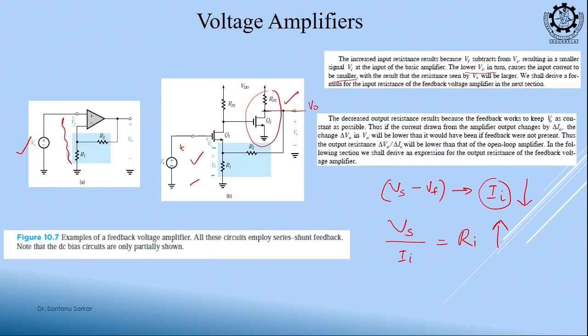Because of that my input current is reduced, but my overall resistance that the source is looking at, that is Vs by Ii, Vs remains unchanged, but Ii is reduced. So, my Ri is increased. So, negative feedback helps in increasing the input impedance. Okay. Similarly, see the output resistance will also decrease.